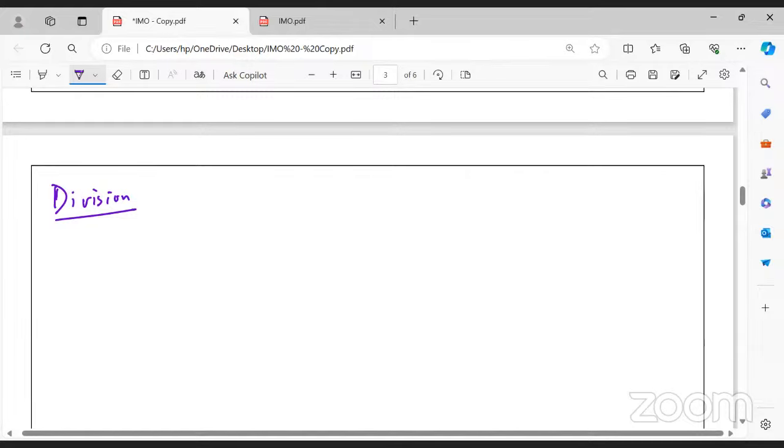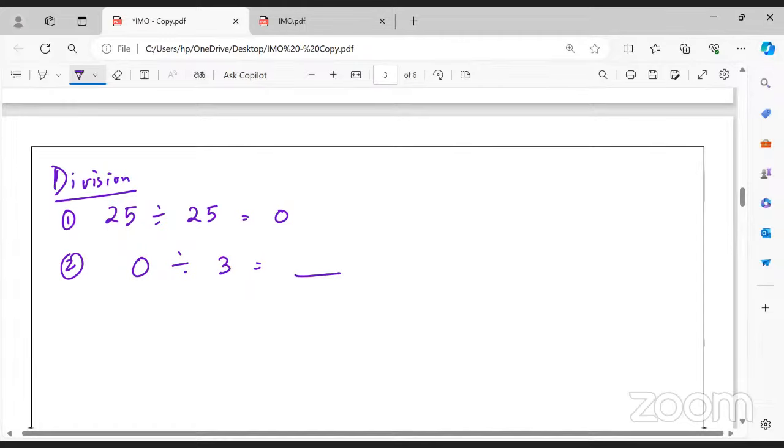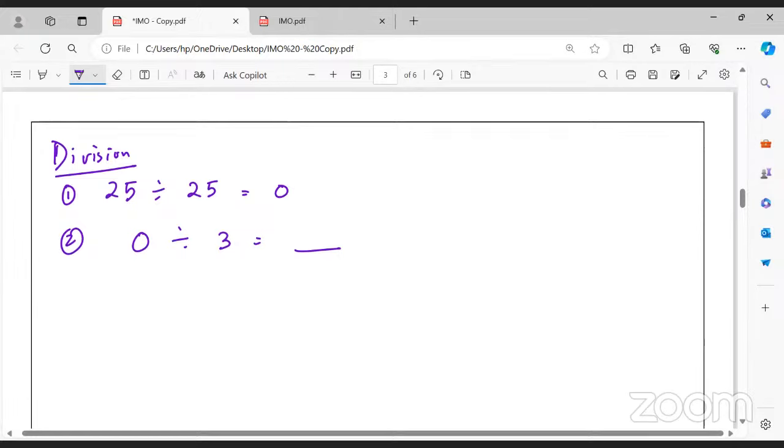Yes, the quotient is always 1. Very good, Priyanka Mahanti, Debasmita Samantre. When a number gets divided by 1, it's always the number itself. Now, if I say when 0 is divided by any number, what is the quotient? Is it 1?